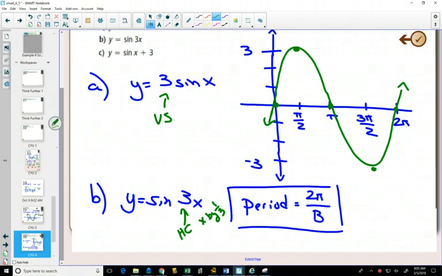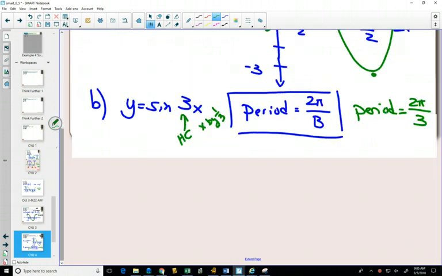Can you see that your period would now be 2 pi over 3? And if we use the formula, the formula says put your b value on the bottom, and our b value is a 3. That b value on the bottom is the same as multiplying by 1 over b, which is the same idea as what we've done all along with our horizontal compressions.